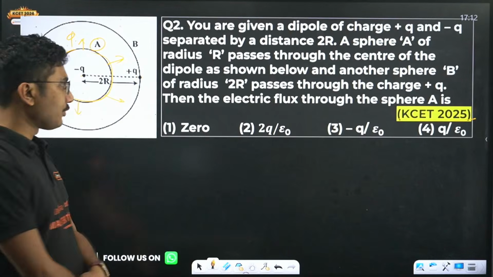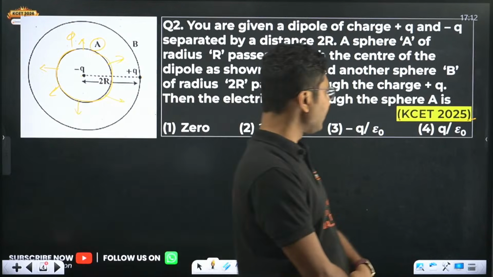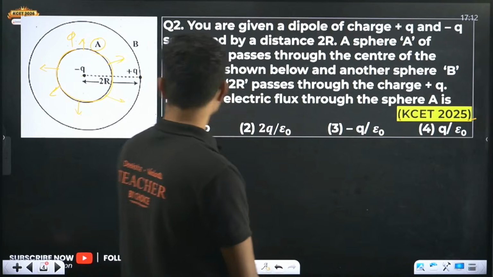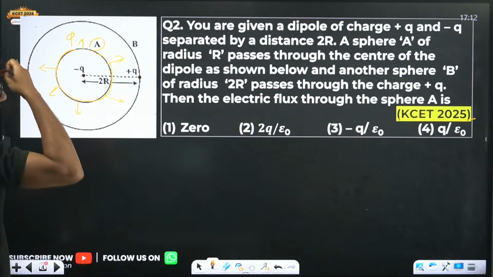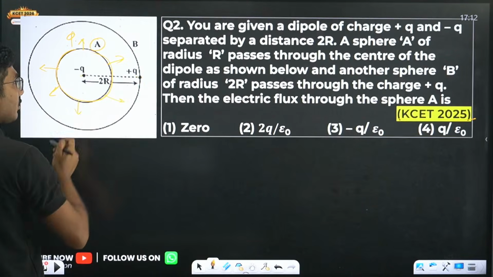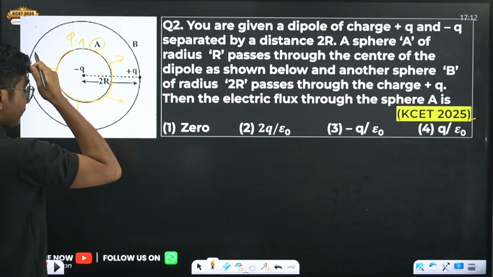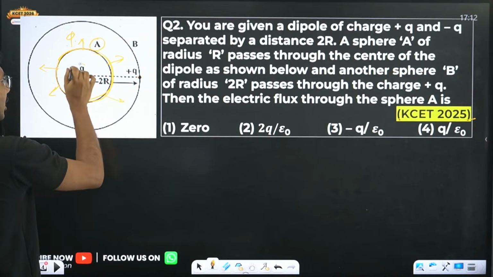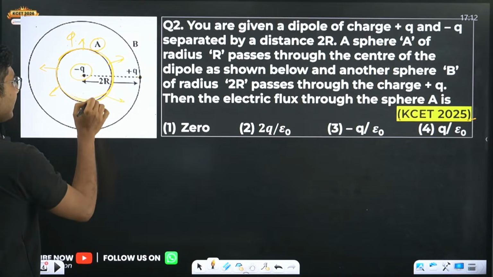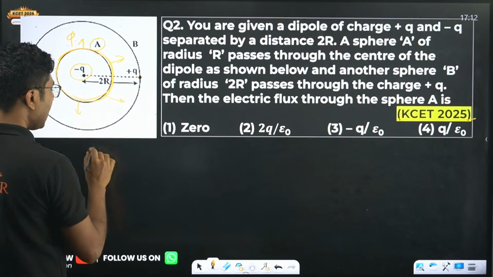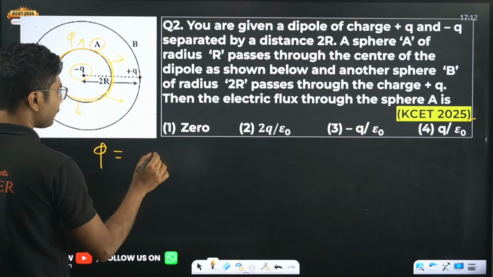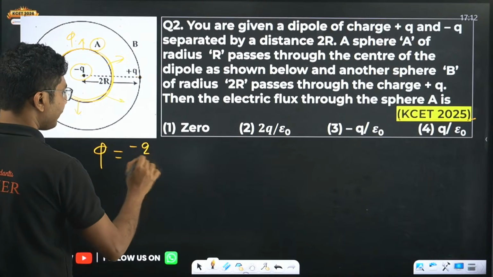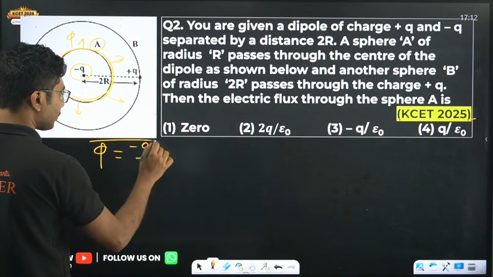Option C. Most of you are saying option C. What is option C? Option C is minus. So here, even though it is a dipole, with one charge minus and one plus, this sphere contains only one charge, so the electric flux coming out of it will be charge enclosed divided by epsilon naught. This is Gauss's law.